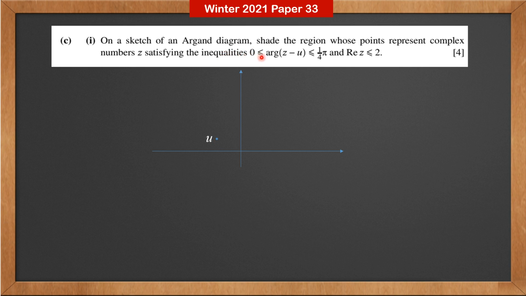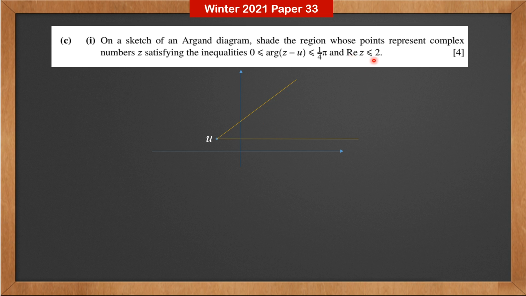When arg z minus u is equal to 0, it's this half line. When it's equal to quarter pi, it should be this half line. And this angle is quarter pi, or 45 degrees. The region should be between these two half lines.